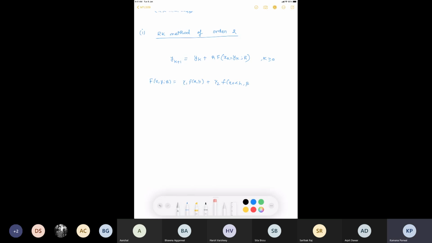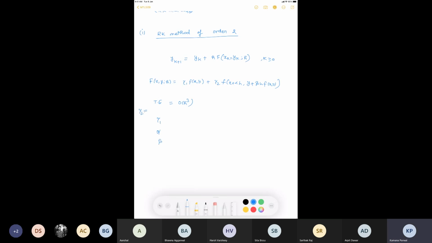Then by imposing the condition that I want my truncation error to be of order 3, we could determine these parameters gamma 1, gamma 2, alpha and beta.